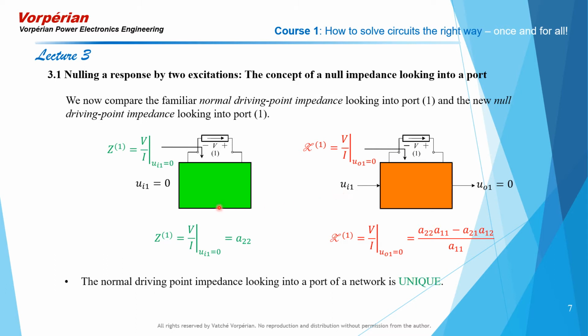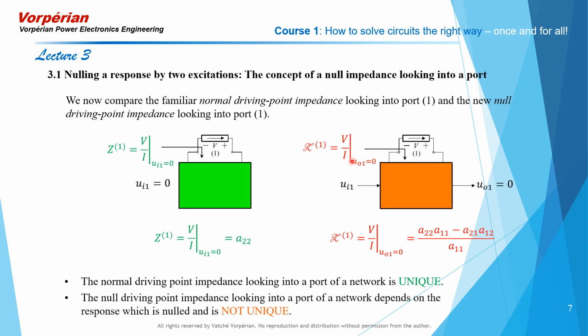So the ordinary driving impedance looking into port 1 is unique, whereas the null driving point impedance looking into port 1 of this network is dependent on which response in that network you set equal to 0. The best way to understand this is by way of examples, as we're going to show next.